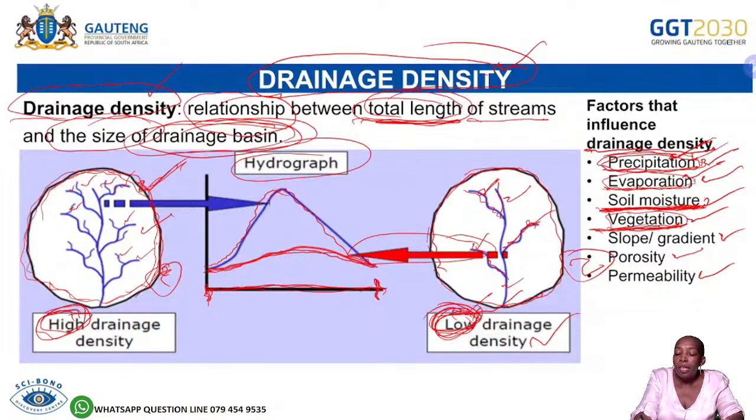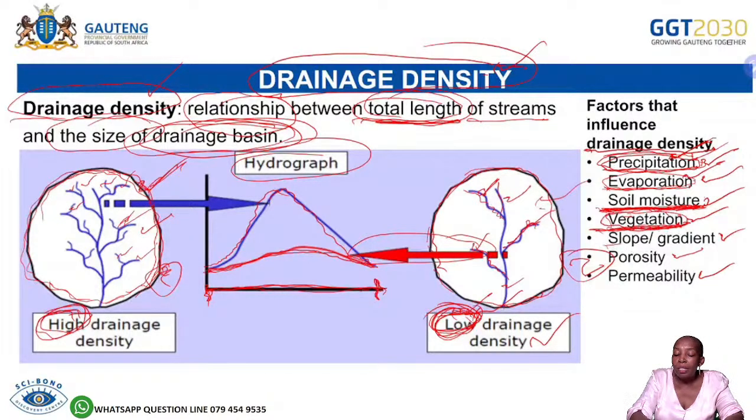Meaning that the higher the vegetation, the lower the drainage density, because vegetation would hold on to the water. But areas that are sparsely vegetated, so there's less vegetation, would have more of the water forming part of the surface runoff, and there will be high drainage density.